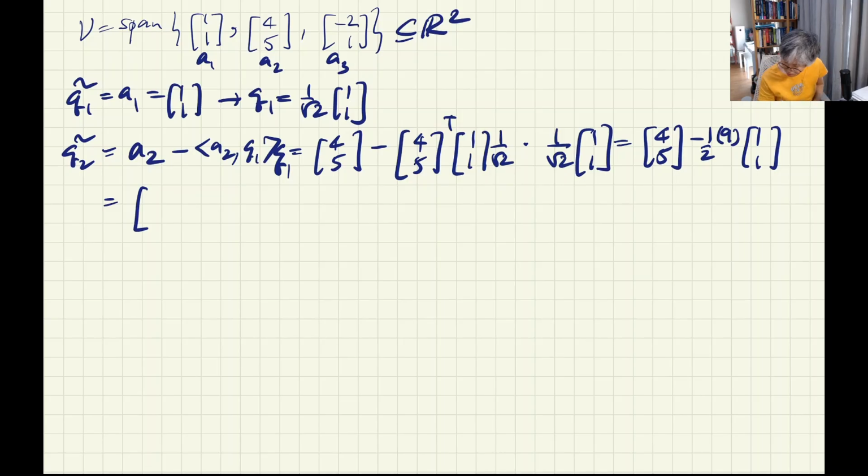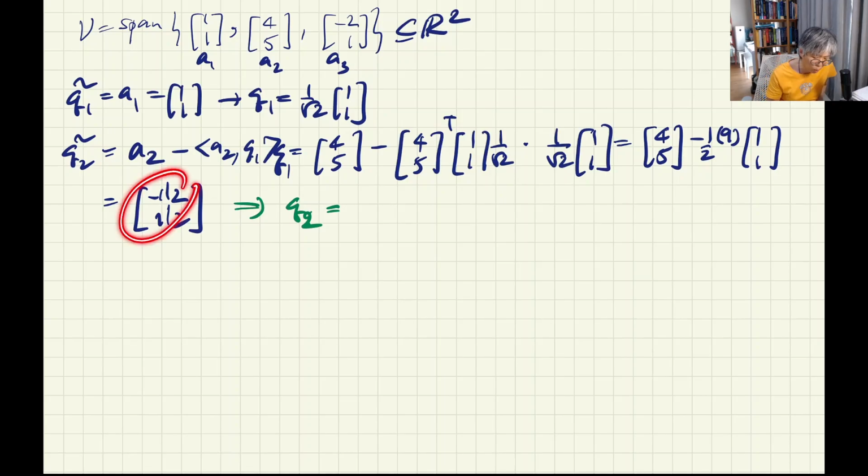Calculating everything, I have (-1/2, 1/2). You can see real quick that it doesn't have a unit norm. So my Q2 is in the direction of (-1, 1), and you normalize it. So it's going to be 1 over square root 2 times (1, -1).